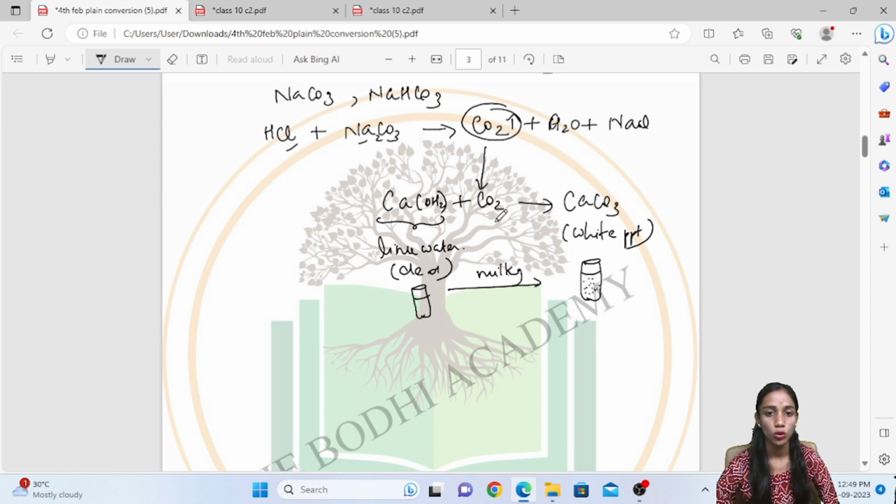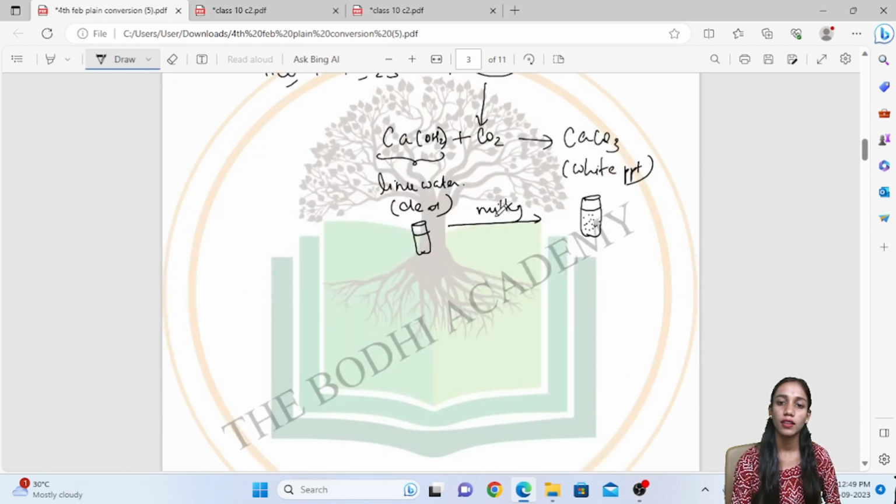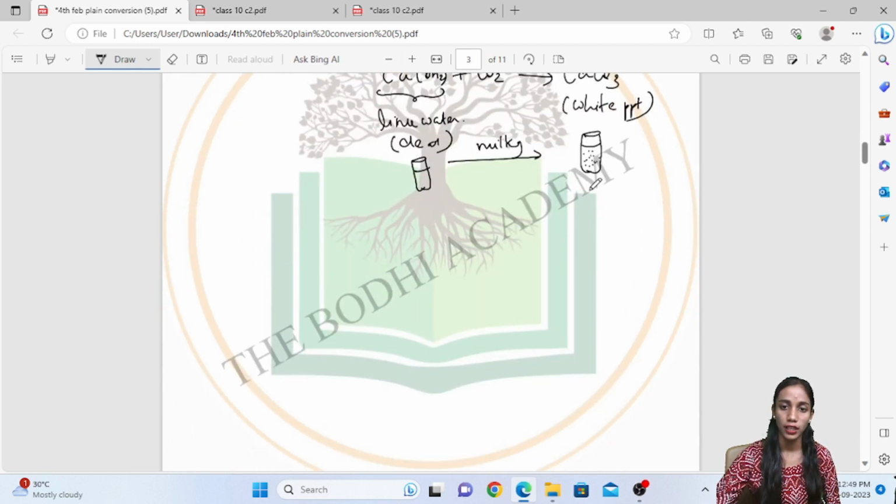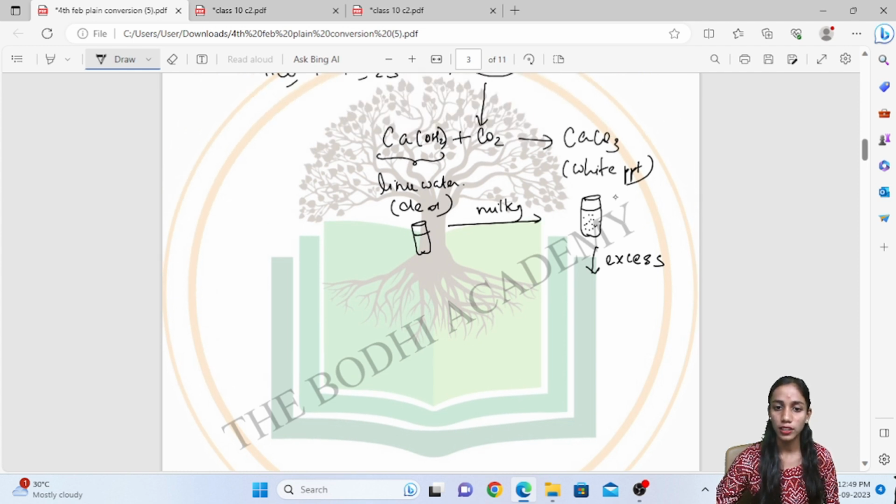Now what happens if you pass more carbon dioxide? If you pass excess of carbon dioxide in this, the calcium carbonate will react with more carbon dioxide and give a colorless solution.